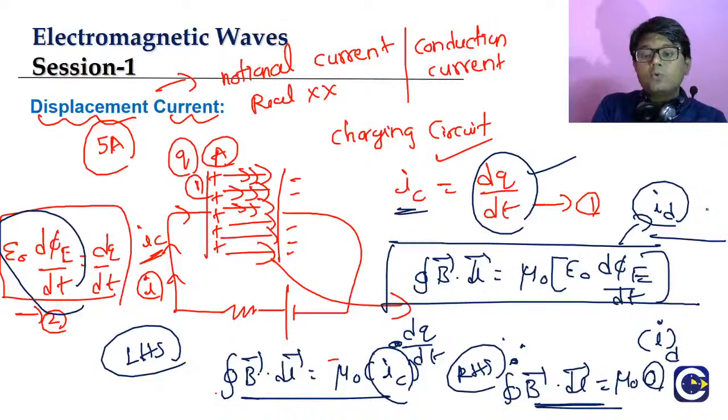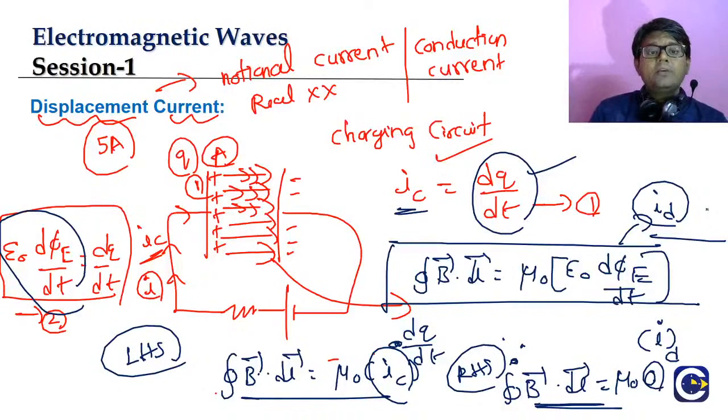So Ampere's loop rule will now get modified. How is it going to get modified? We are going to introduce a new term. What is it going to account for? It is going to account for the magnetic field that is getting produced because of the changing electric field.